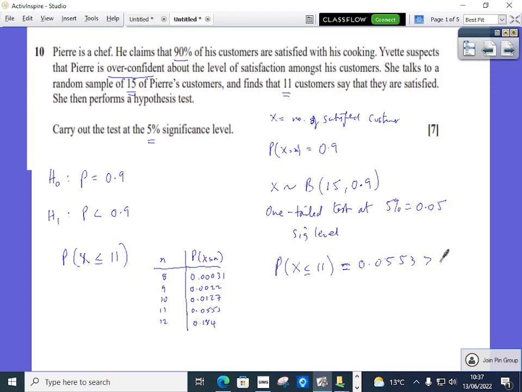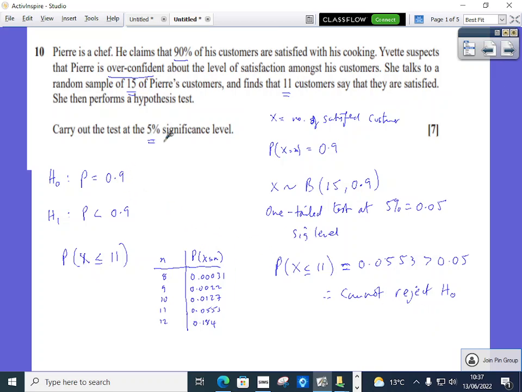Now that probability is greater than 0.05. Okay, so in this case you must say, because that's more than that, therefore we cannot reject the null hypothesis.